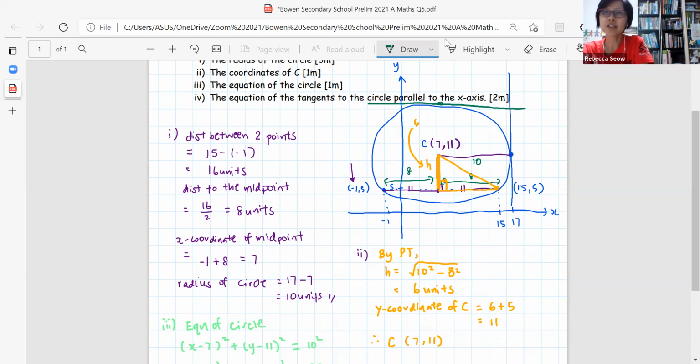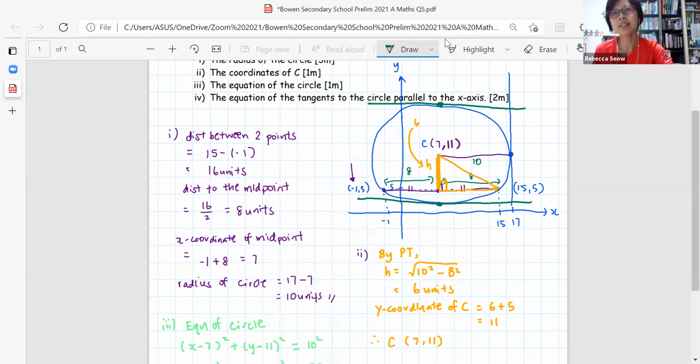And if it's a tangent, it will touch the circle at one point here and at another point here, strictly one point. So how do we go about finding that?